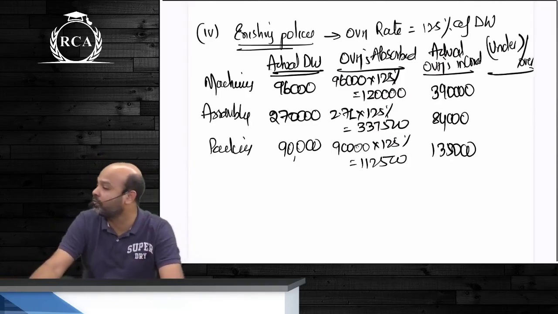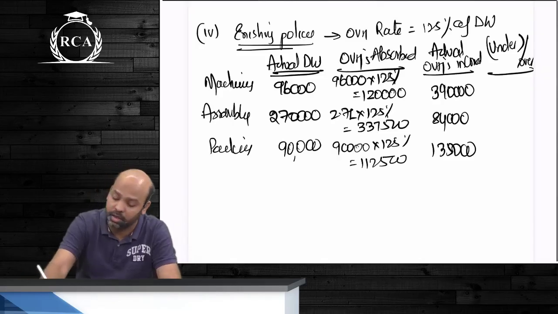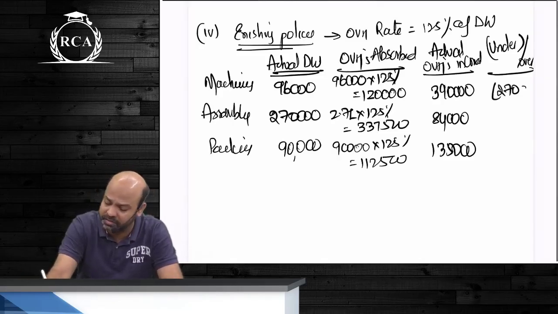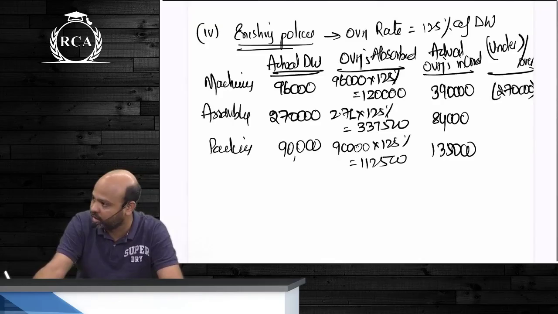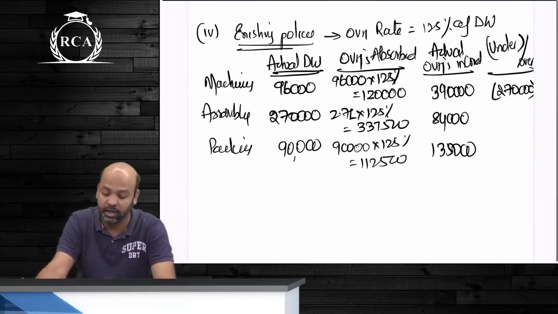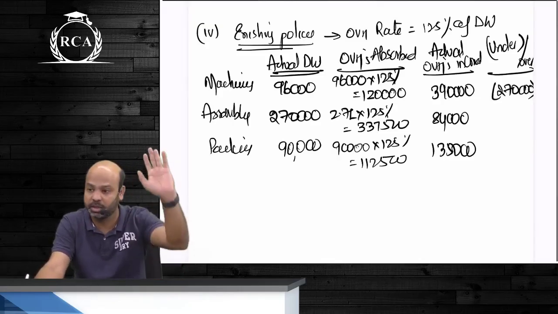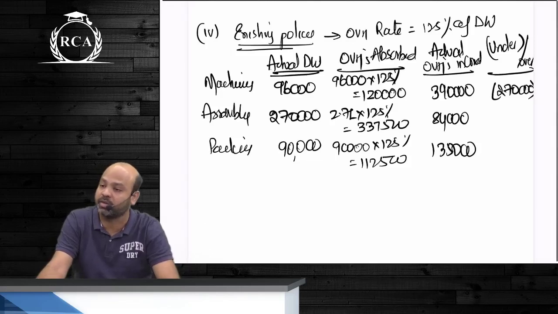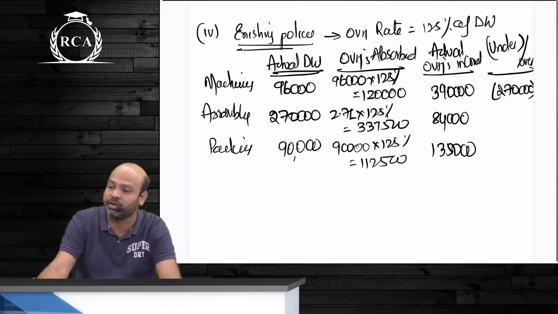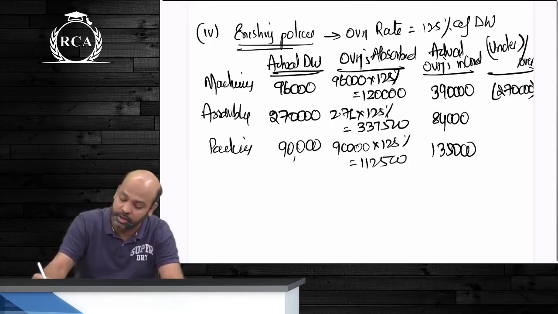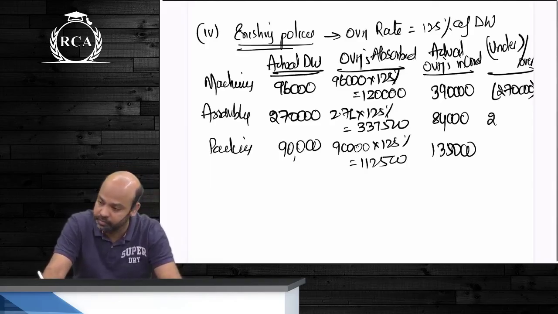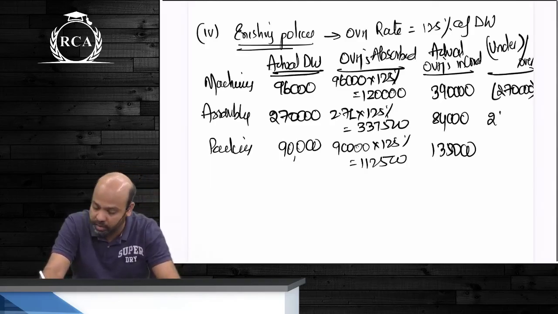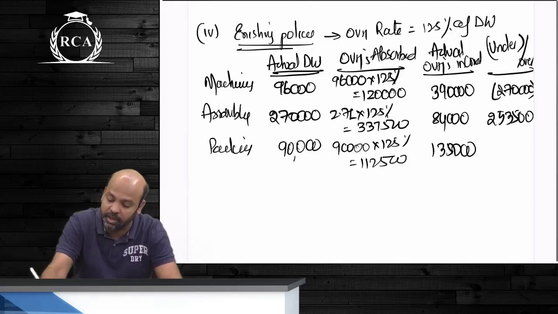Is that under recovery or over recovery? Under recovery, and only 2,70,000. In the second division guys, we've incurred only 84, but we have absorbed how much? 3,37,500. Is that over recovery or under recovery? Over recovery. Kitna? 53. Last वाले में बेटा there's an under recovery of 20.